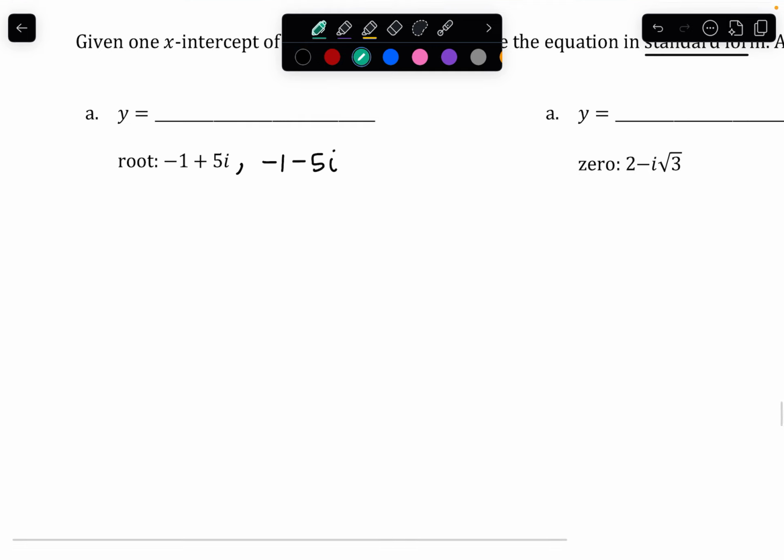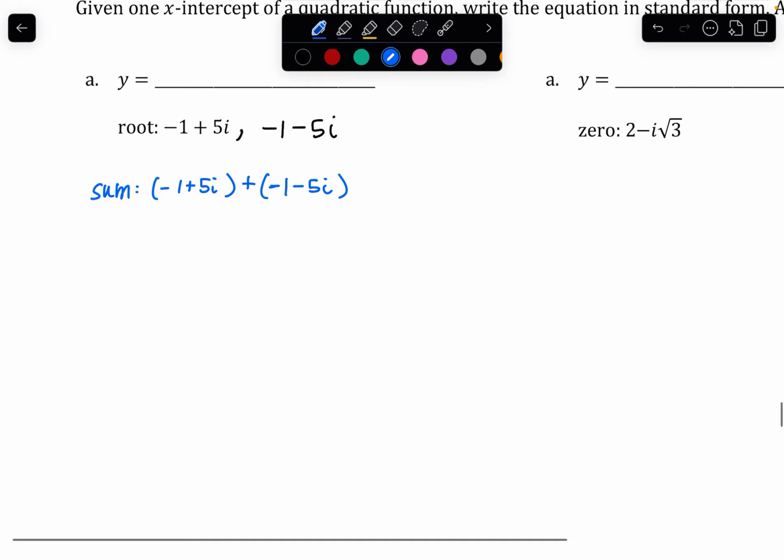And so from there, let's figure out the sum, which is -1 plus 5i plus -1 minus 5i. Okay, and so if we add the real parts, -1 plus -1 is -2.